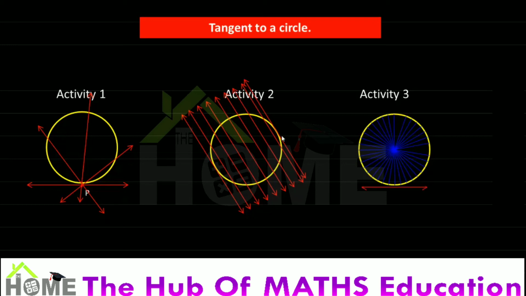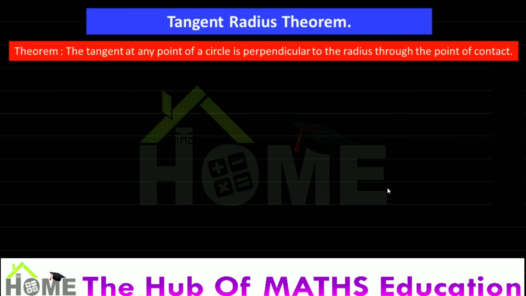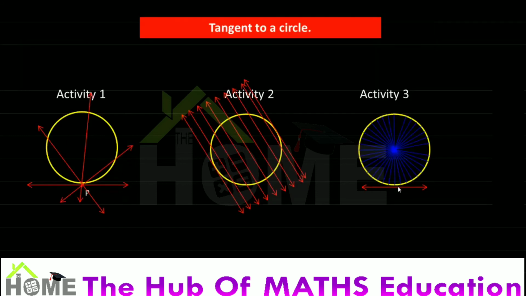Then draw a tangent to the circle at this point. Then this will be the radius, this will be the tangent and this will be the point of contact. Then measure this angle and you will see that this angle is 90 degrees.